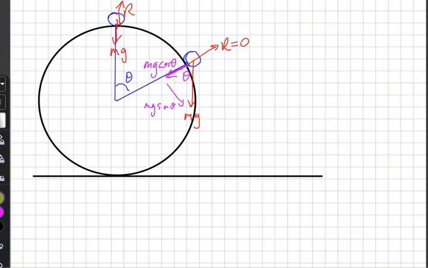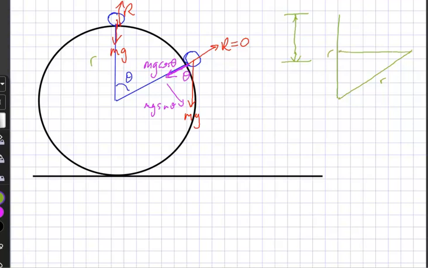The other thing to be conscious of is the movement, the vertical height that it has changed by. If we think about our triangle, we've got our radius, and we've got another radius here.